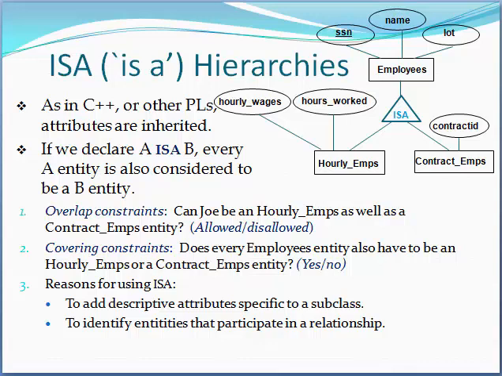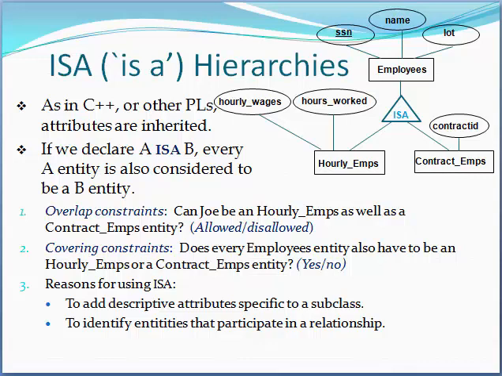Contract employees have the attribute of contract ID, and hourly employees have the attributes of hourly wages and hours worked. Like in C++ or other programming languages, attributes are inherited. If we declare A ISA B, every A entity is also considered to be a B entity. You can see in this diagram.